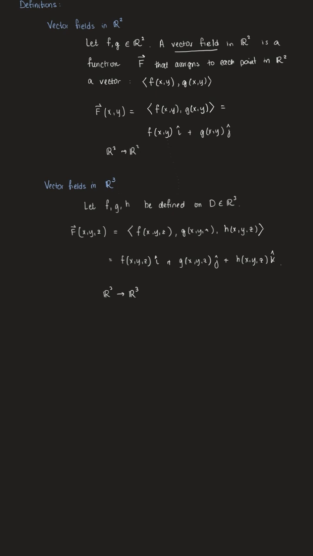And one final statement here is that a vector field is continuous or differentiable if the functions that define it are continuous or differentiable. So that's important to note. So we need f, g, h to be continuous and differentiable for the vector field to be.